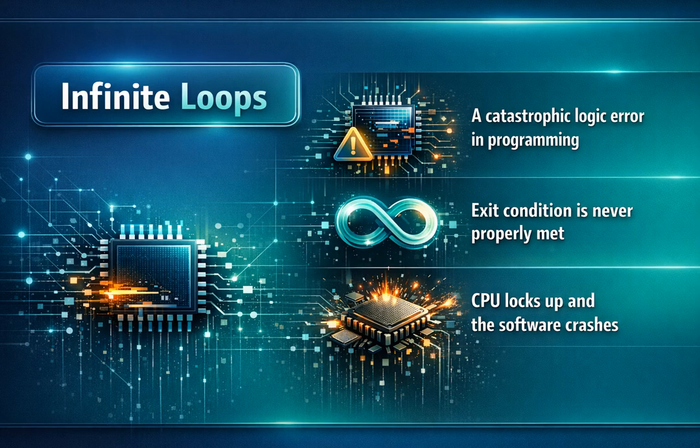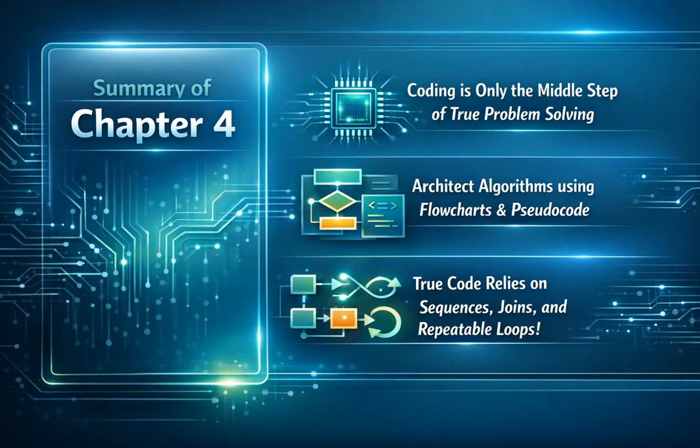If engineers bungle that exit parameter, an infinite loop fatally crashes the entire architecture. The engine executes endlessly, locking the massive CPU permanently. Wrapping up Chapter 4: programming is not simply coding, but deeply mapping clean visual algorithms, leveraging repetition effectively.